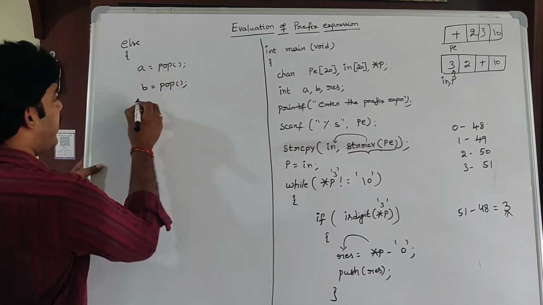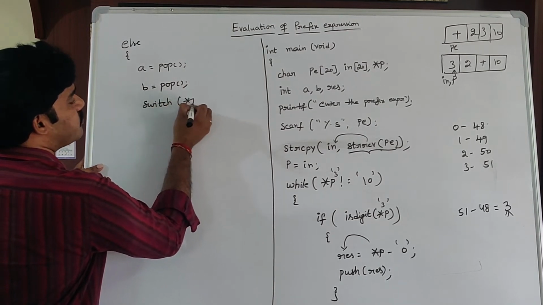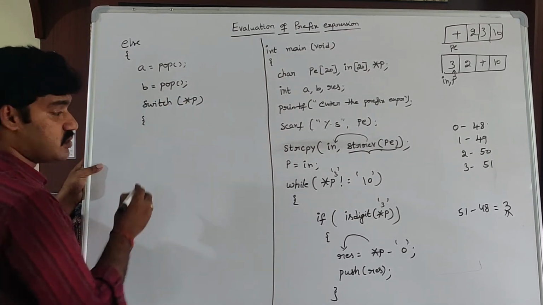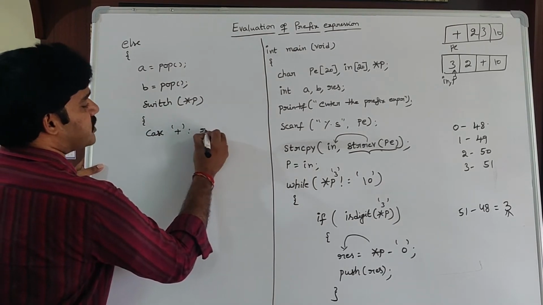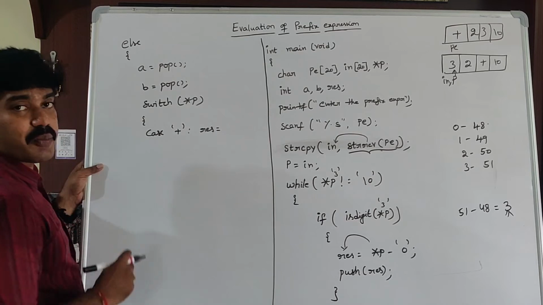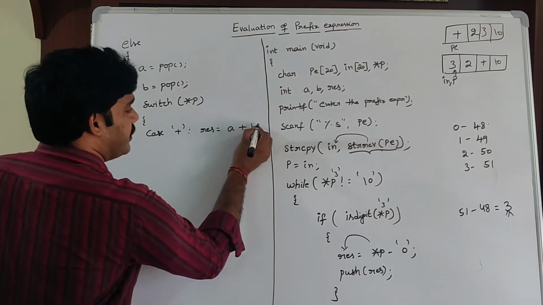One more thing. Next, switch of star P. Switch case plus. Then result is equal to, first popped element is placed on the left hand side, a plus b. Break.